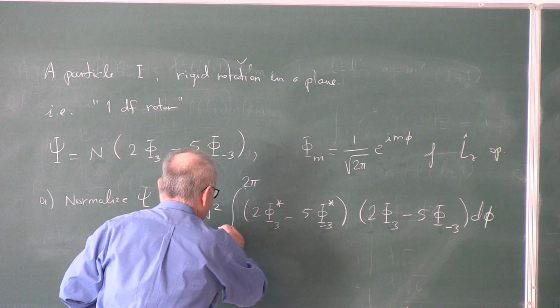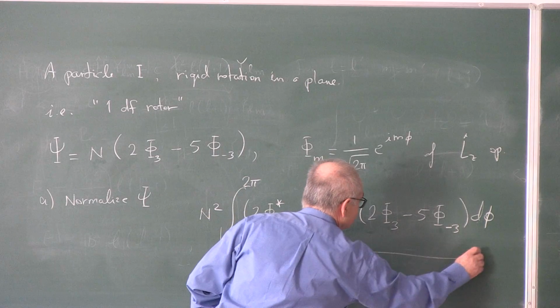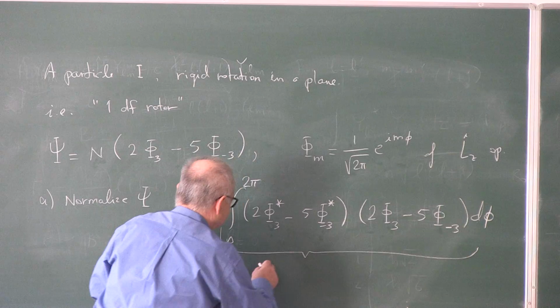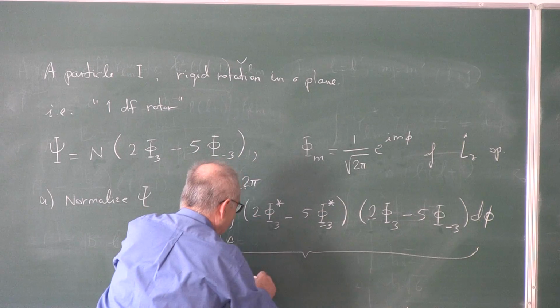So, the value of this integral, non-zero part is this times that, 2 times 2 is 4, don't forget.